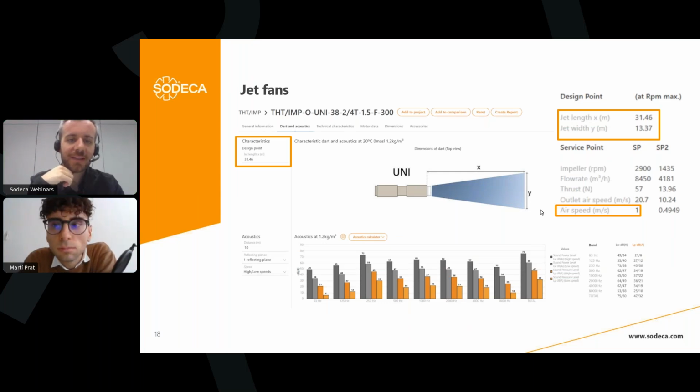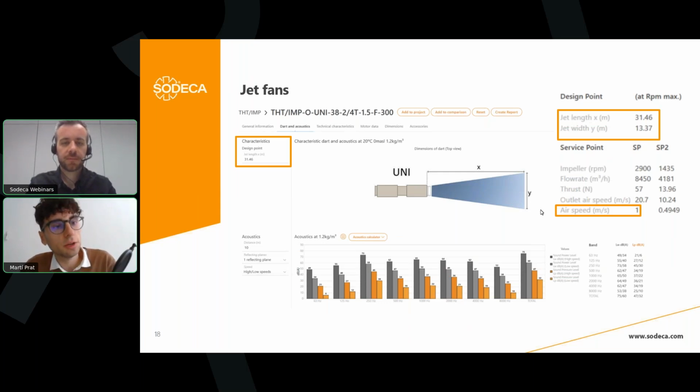What is the recommended extraction capacity? No, it should be 30,000 in this case. I think it's a mistake in the writing. So basically, you calculate the volume and you multiply it by the changes per hour.